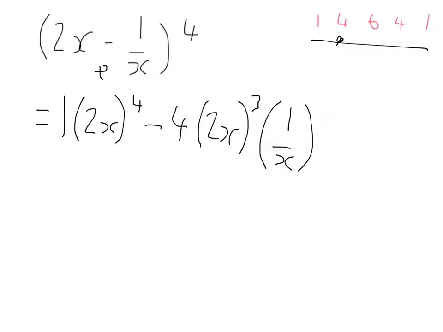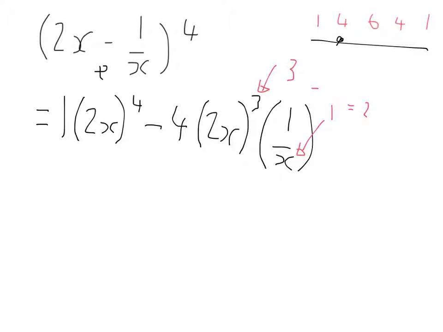Okay, now what I'm going to do now is check that subtraction thing to see whether I get an x squared. So in this example, I've got x to the power of 3 in this first term, and in the second term, I've got x to the power of 1. 3 minus 1 equals 2.